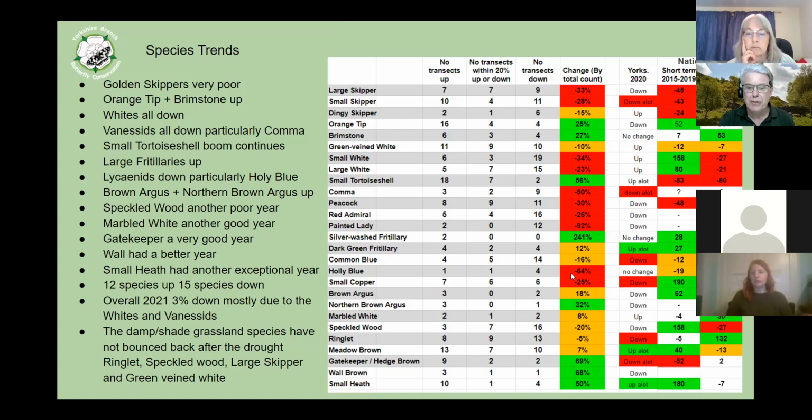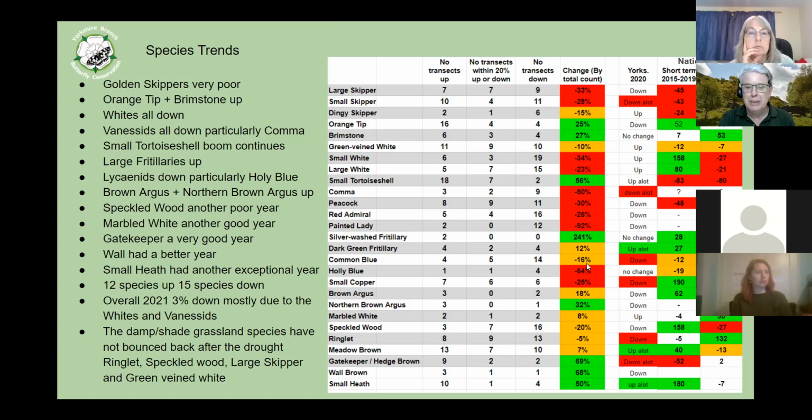So predictions for next year, hopefully we'll see an improvement. If you look at the long-term figure, a 300% rise, they're definitely being driven by global warming, but in the short term it's down. Now it suffers with a parasite, which goes through cycles of around four to five years. And we think we've hit the bottom, so hopefully it's now going up.